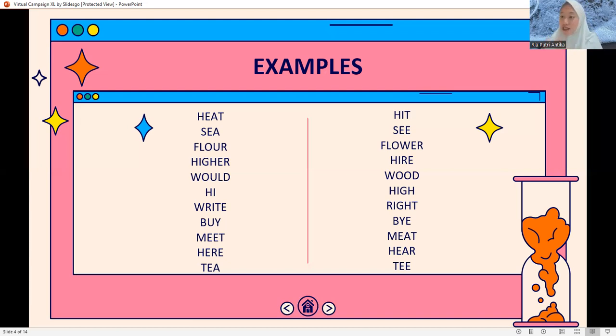The same pronunciation as right. Buy or by. Sorry, buy and by. Meet and meat. Here and hear. Tea and tee. Okay.